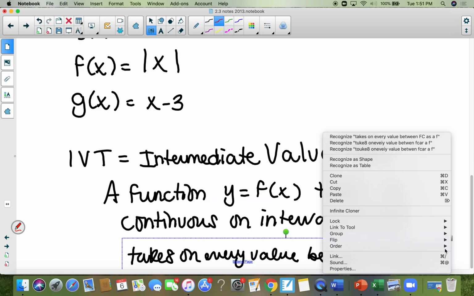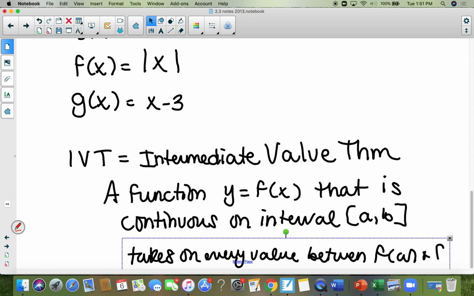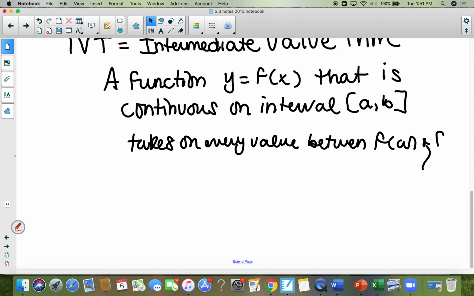Whoa. Just got too close. This is supposed to be f of b. The intermediate value theorem says a function y is equal to f of x that is continuous on some interval a and b takes on every value between f of a and f of b.